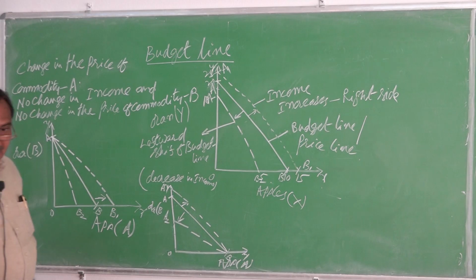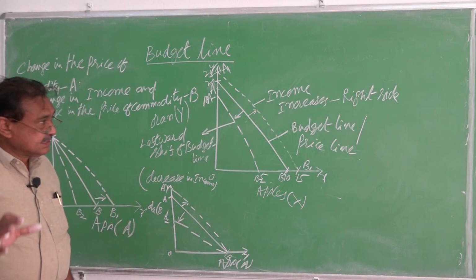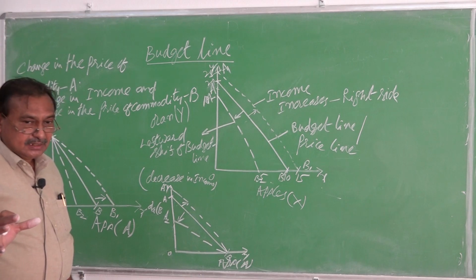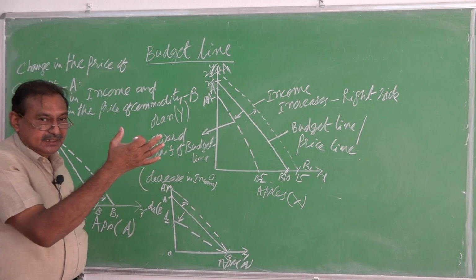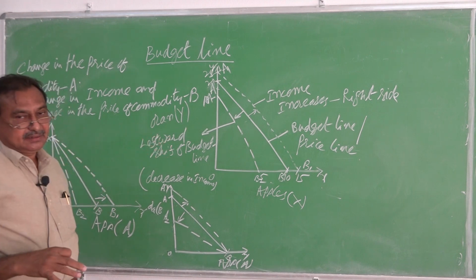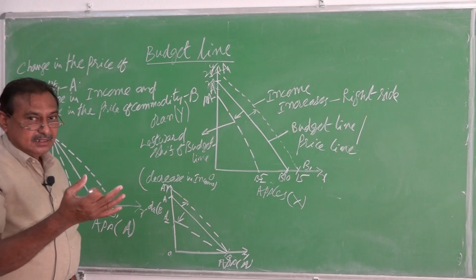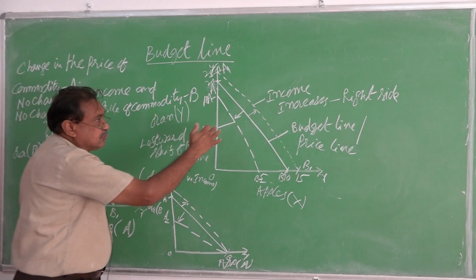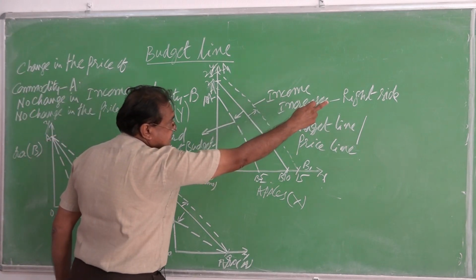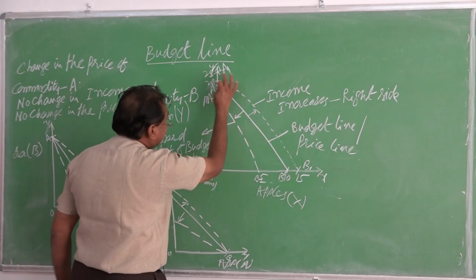What is the other name of the budget line? Price line. Change of budget line means either the budget line shifts towards the right or towards the left. Towards the right means the income increases; the budget line shifts from AB to A1B1.